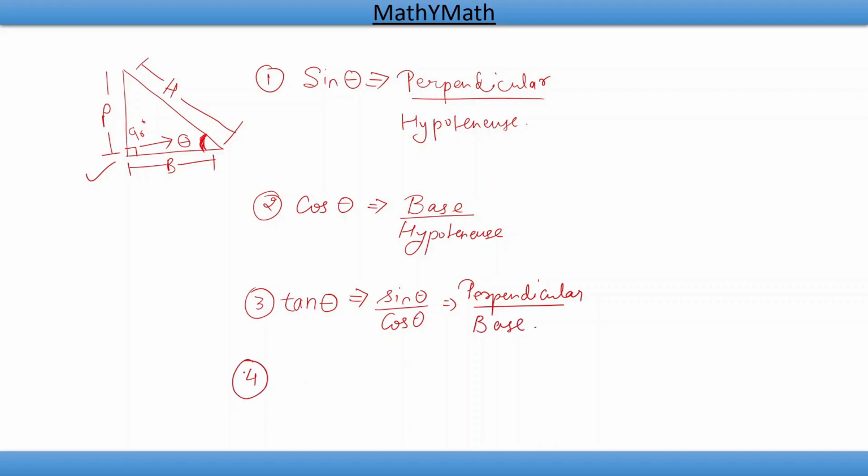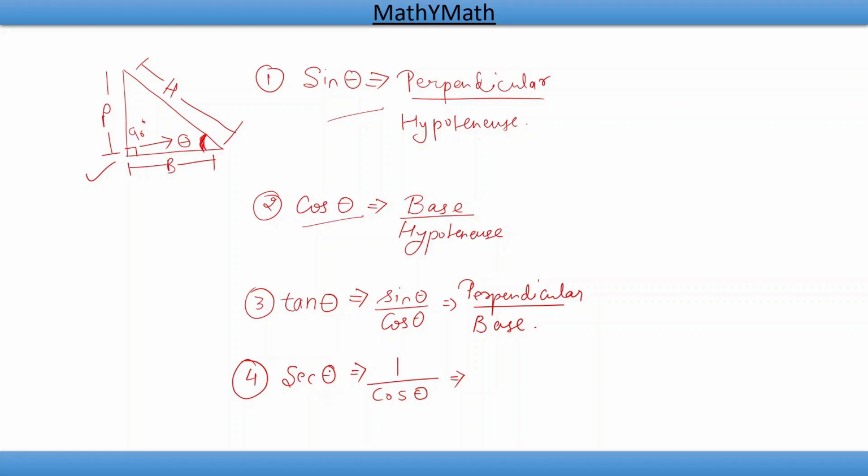Now, for the fourth measurement, that is your sec theta. Sec theta is nothing but the inverse of cos theta. We need to learn just two, sine theta and cos theta, and apart from these two, all are either ratios, or inverses of them individually.